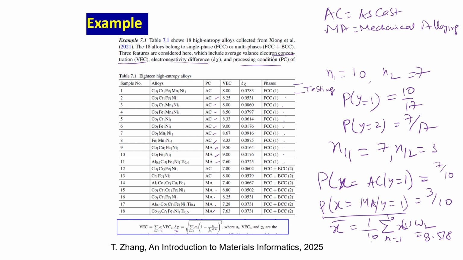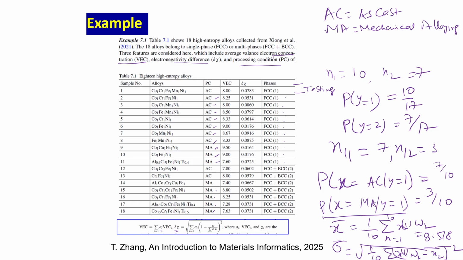So this is the mean, not the standard deviation. The standard deviation is calculated simply as the square root of 1 by 10, summed over again the same way, of x minus the mean, squared. That is what the standard deviation is.